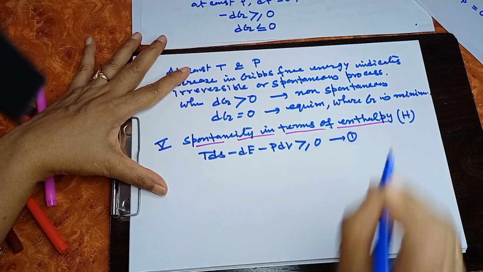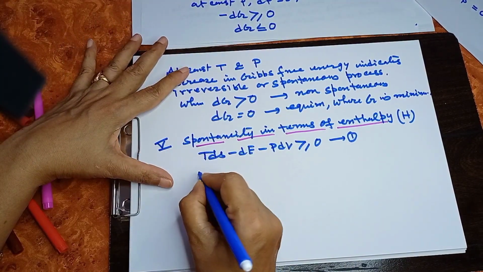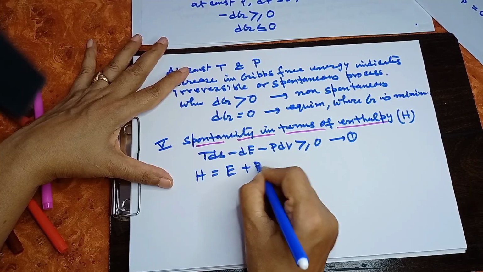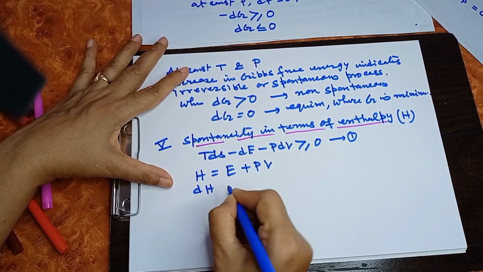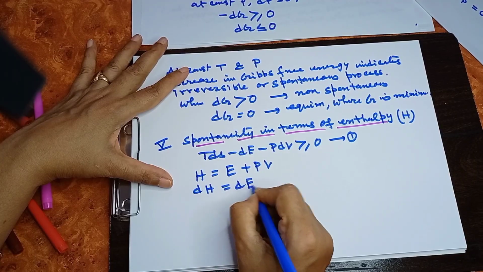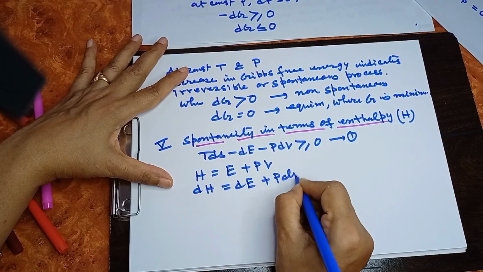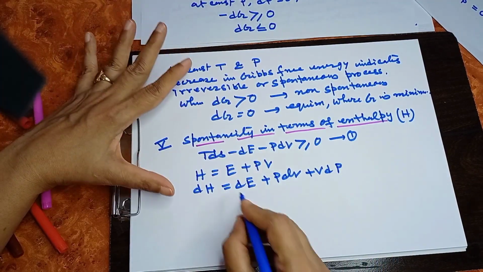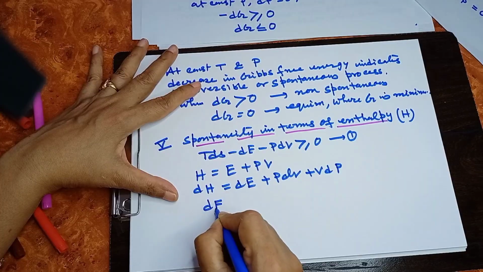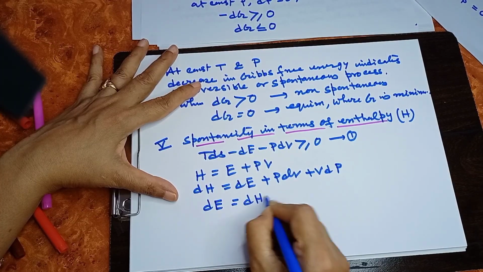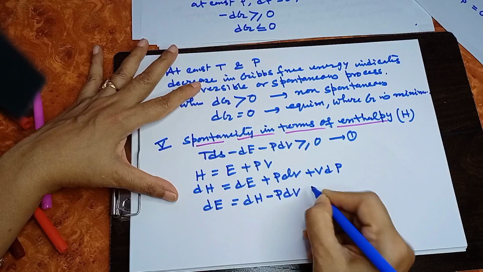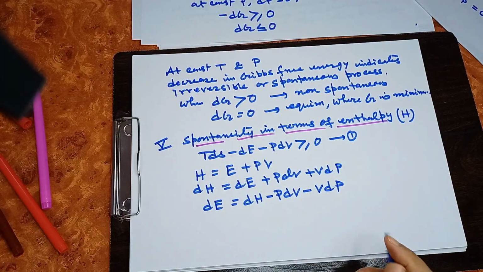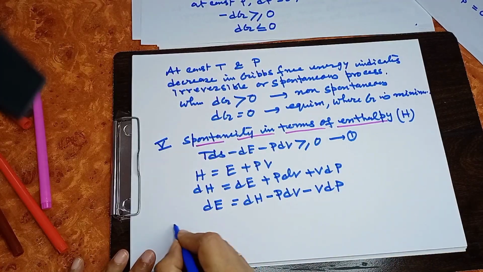So this is my equation 1. Now enthalpy H is equal to E plus PV. So dH will be equal to dE plus PdV plus VdP. So from here dE will be equal to dH minus PdV minus VdP.